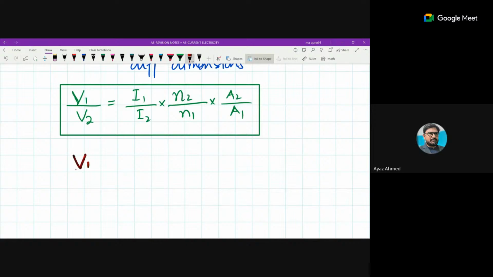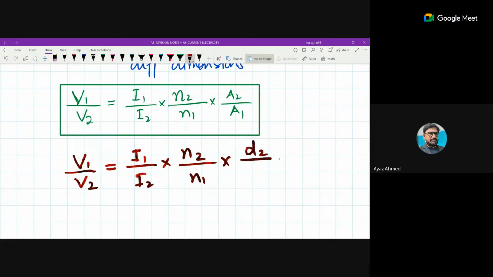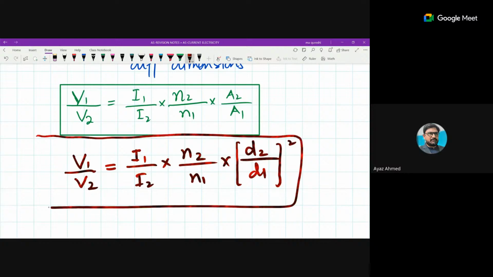In the same way, drift velocity in case of diameter is I1 divided by I2 into n2 divided by n1 into D2 divided by D1, whole square. So this is another master equation, and that deals with the case when diameters of the wires are given to you.